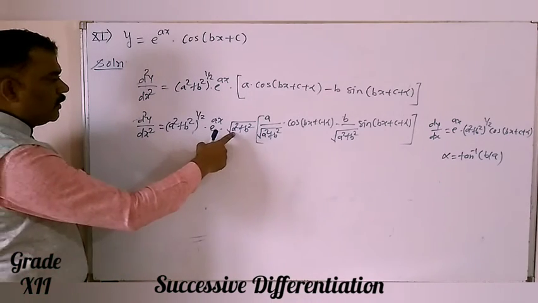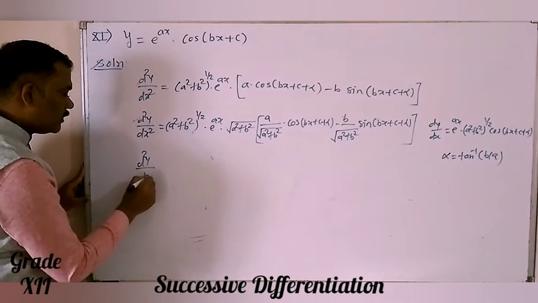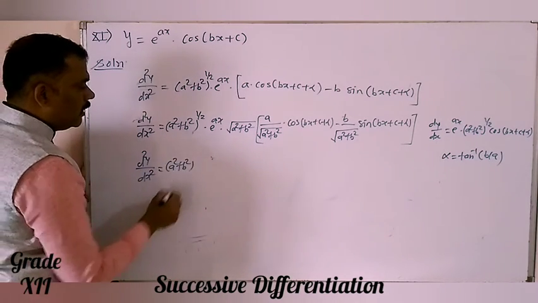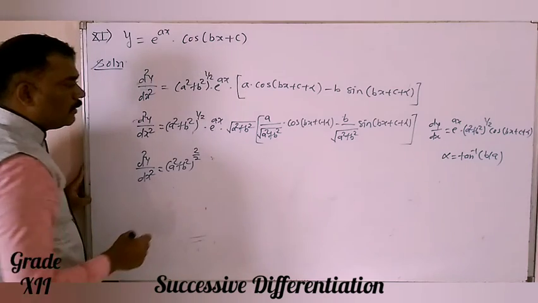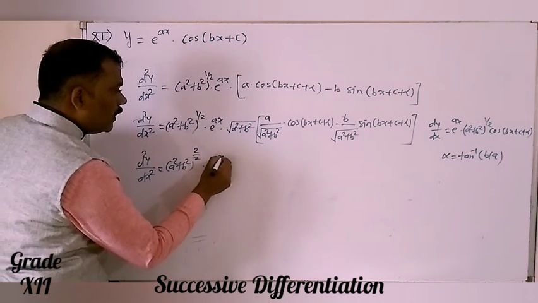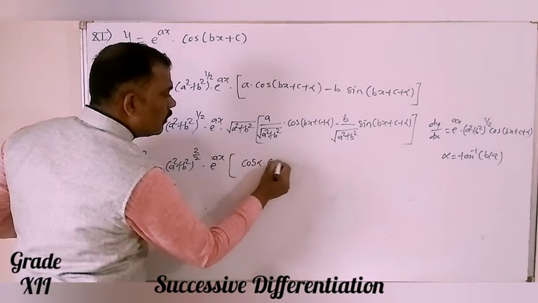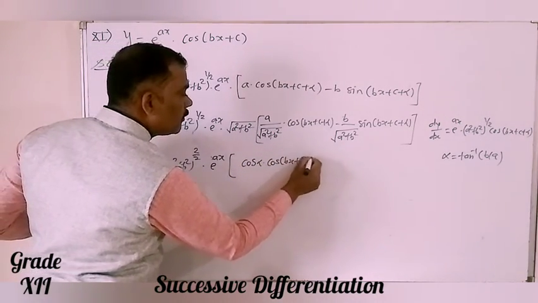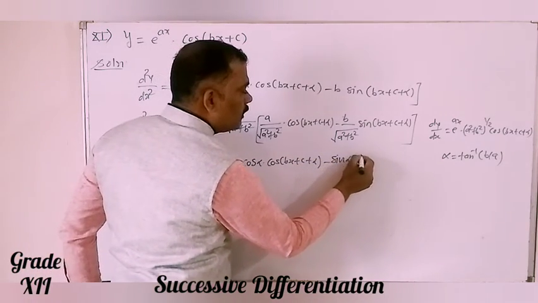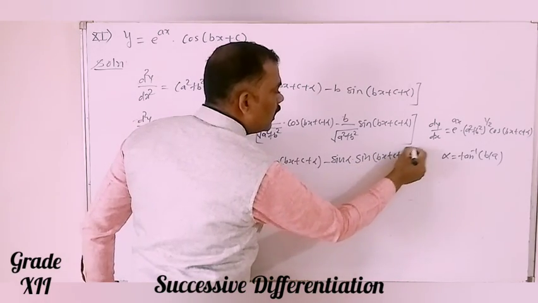Okay, here power is 1/2, here power is 1/2, so that we write d2y by dx square is equal to a square plus b square raised to 2 by 2, into e raised to ax, this is nothing but the cos alpha into cos of bx plus c plus alpha, this is nothing but sin alpha into sin of bx plus c plus alpha.